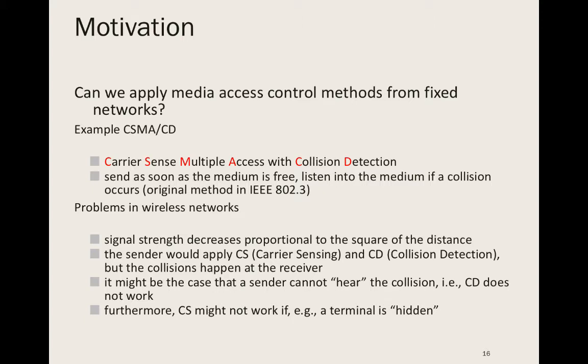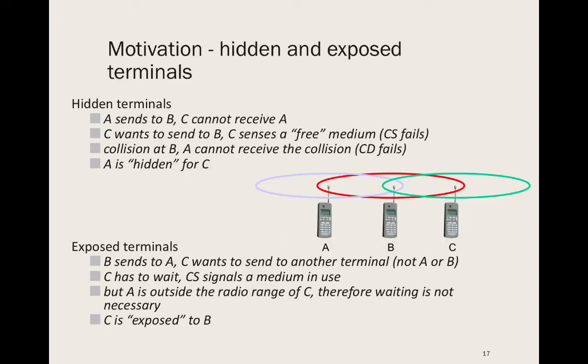It also might be the case that the sender cannot hear the collision, or it might not work if the terminal is hidden. Hidden terminals and exposed terminals are some of the problems in wireless communication. The hidden terminals first. We have a picture here. Imagine A wants to send to B, and C cannot receive A because it's not in range.